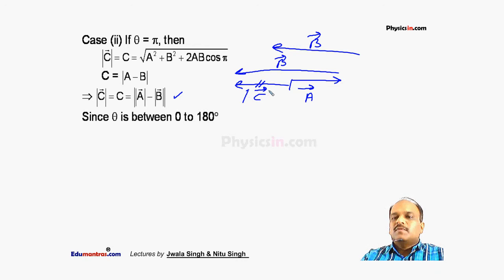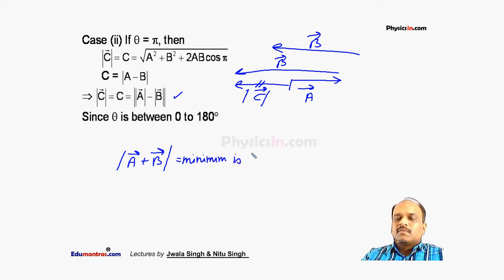This is the minimum value of vector A plus B. The minimum is mod of A minus B. It is possible when the angle between the two vectors is 180 degrees.